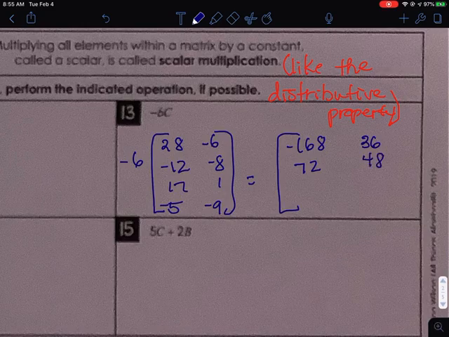Move on down to the third row, and I have -6 times 17 will give me -102. -6 times 1 is -6. And on the bottom row, I will get 30 and 54. This is your answer.